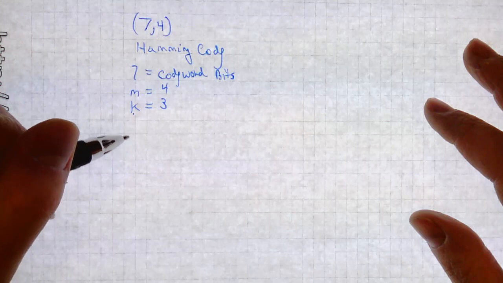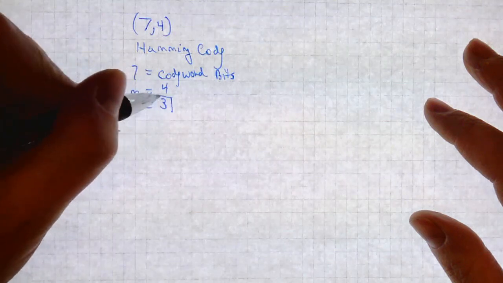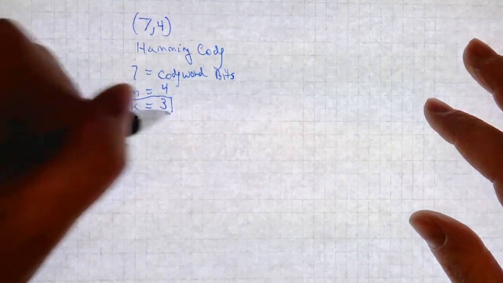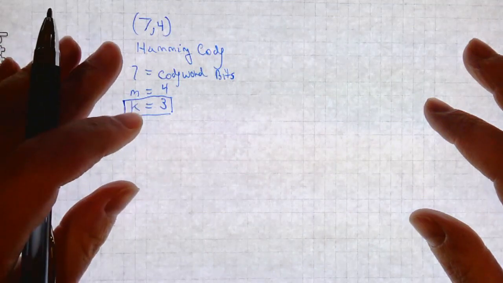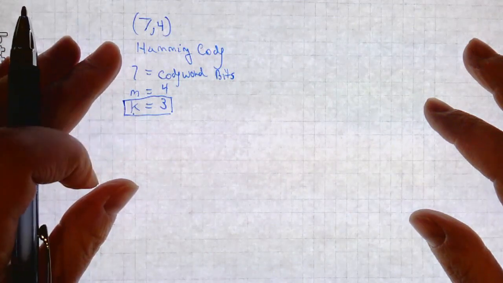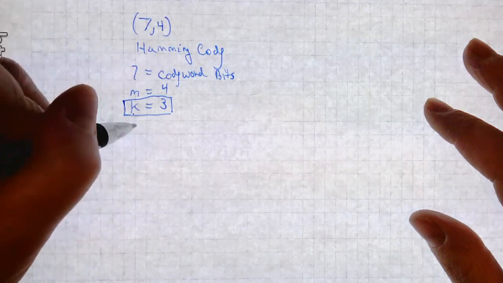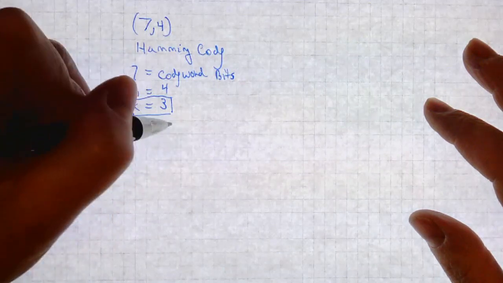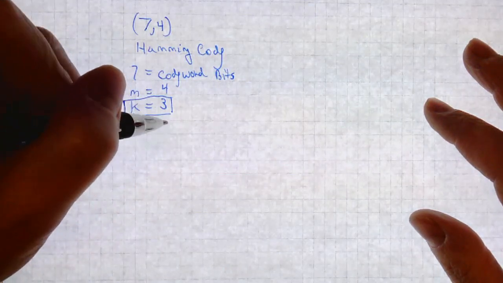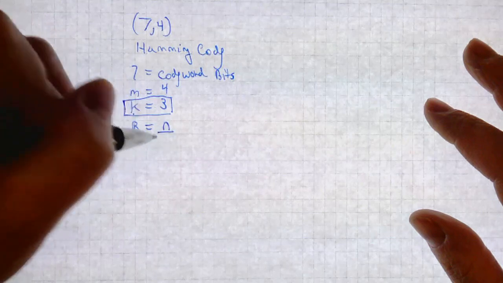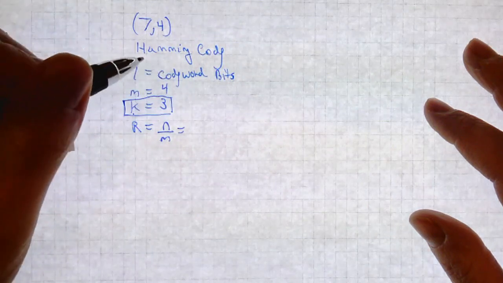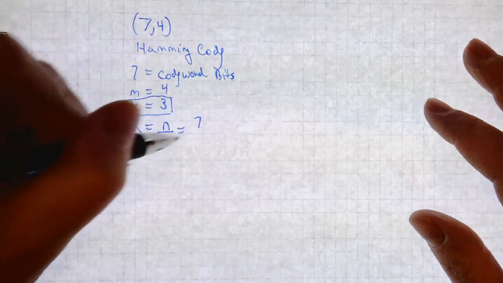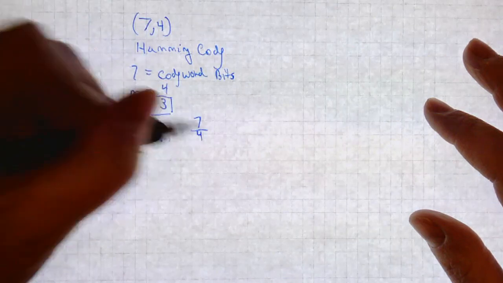So there are 3 bits allocated for overhead in the code word. And that code word gives you a certain amount of redundancy, R, which is equal to the total number of bits in the code word divided by the total number of bits in the message, which in our case is going to be 7 divided by 4.